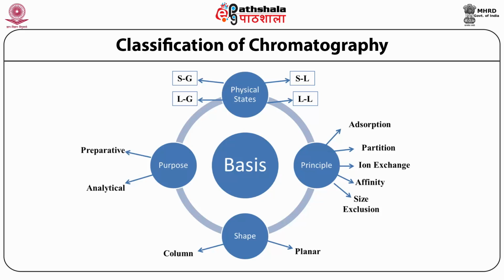Yet another type of chromatography is affinity chromatography. It is highly selective type of chromatography that is based upon the specific interaction between analyte molecules and another compatible molecule that is immobilized on a stationary phase. For example, for separation of antigens, antibodies may be immobilized on a matrix that forms the stationary phase.